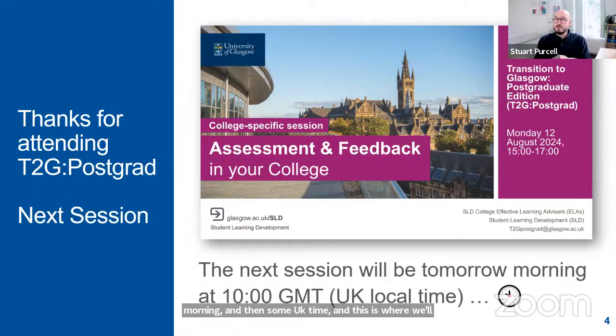To make sure you get to the right session, go to the course Moodle and to the Choose Your College section. If you're not sure what college you're in, there's a link there to find your subject amongst a list of all the subjects, and it tells you which college they sit under. Find your course there, and that will tell you which college you're in. Please ignore the time on that slide, as I forgot to update it. Look at the time at the bottom, which is 10 o'clock tomorrow morning. That's when the next session will be.